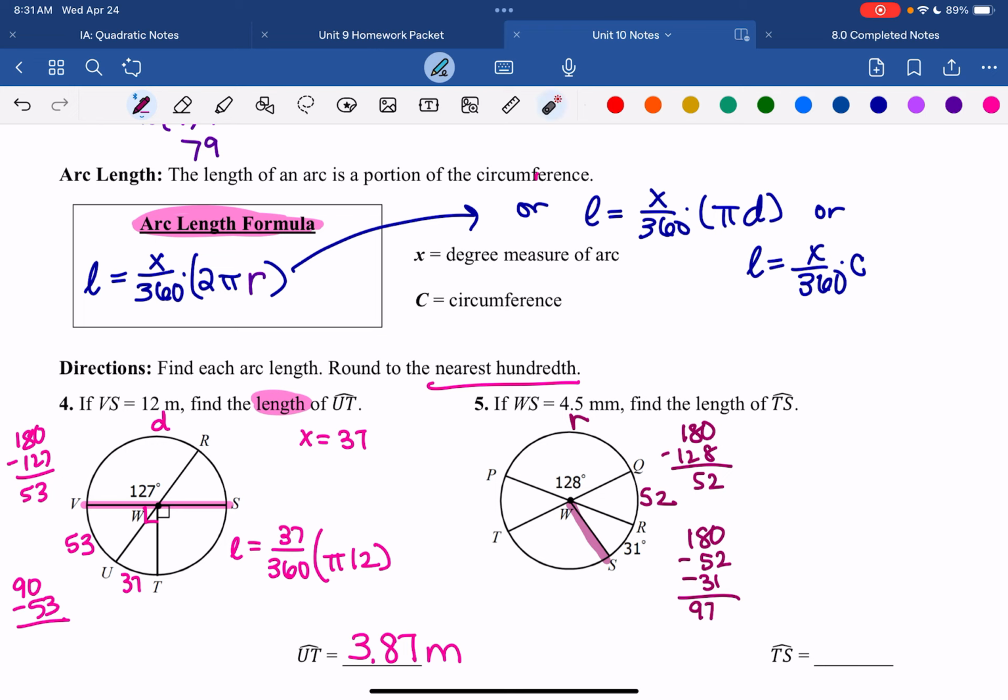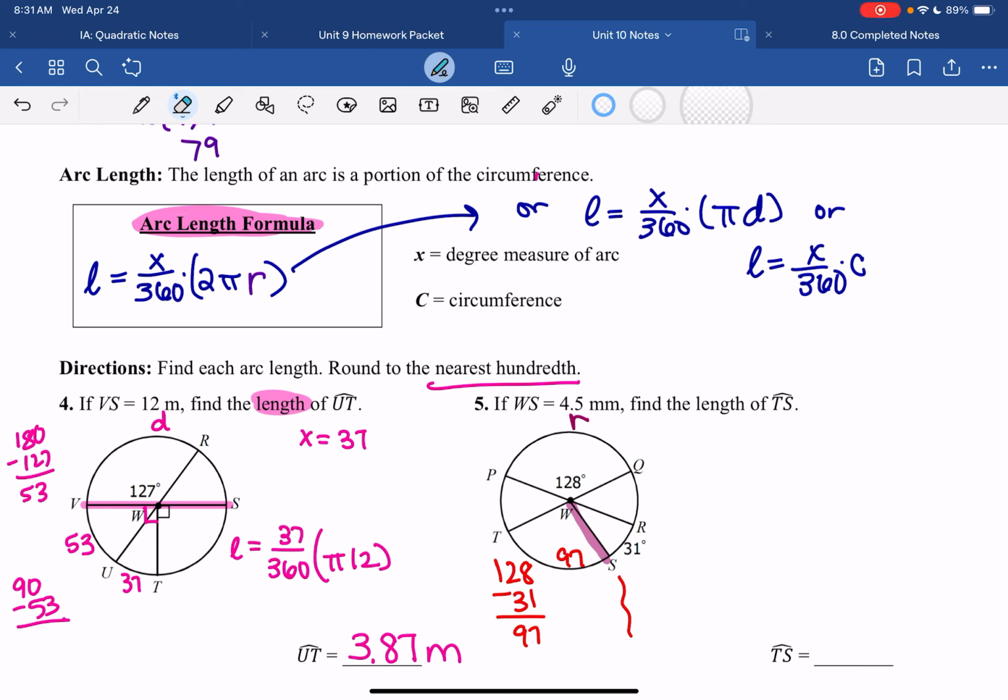Oh, I just found an easier way to do it. Together, these are the same. So we could have, wow, didn't realize it till just now, we could have just did 128 minus the 31. That would have been a lot easier. Didn't notice that. If you guys saw that, proud of you. So this is 97. Wow. Way easier to do it that way.